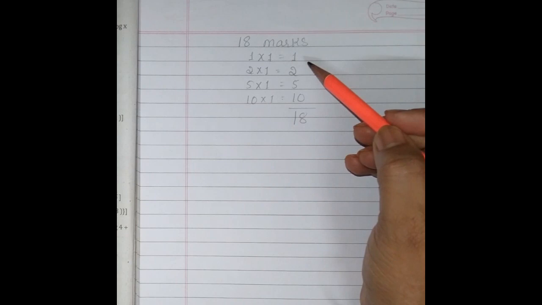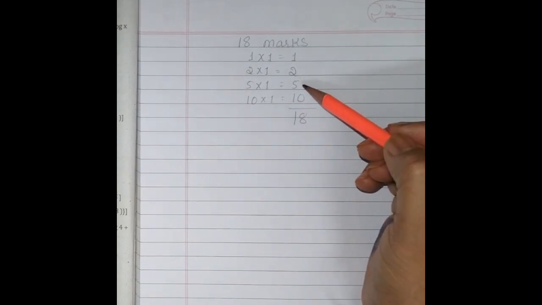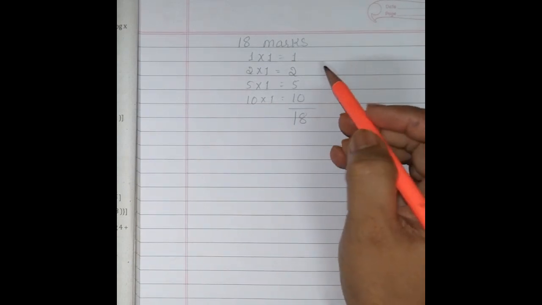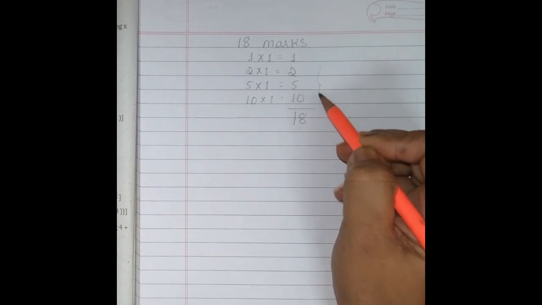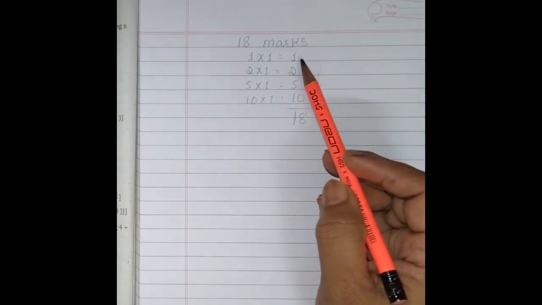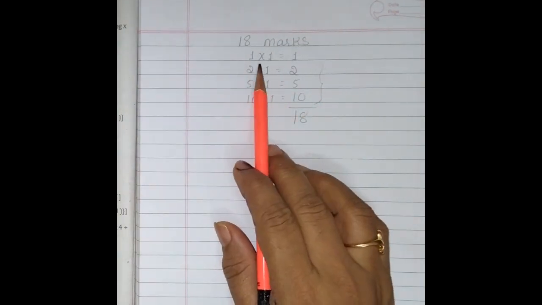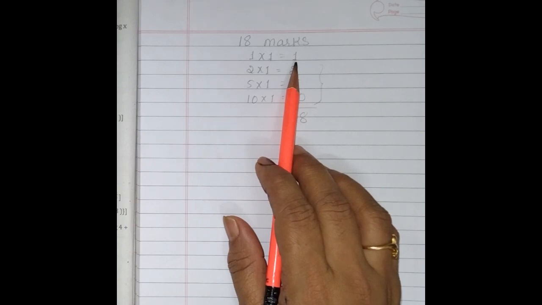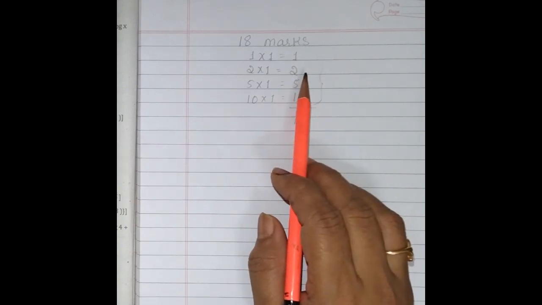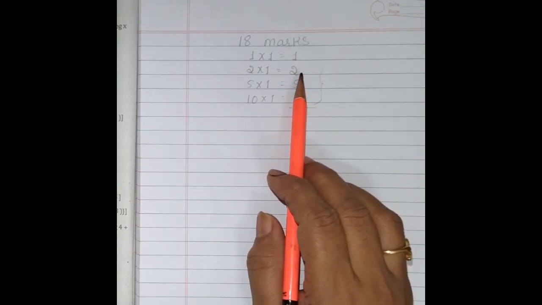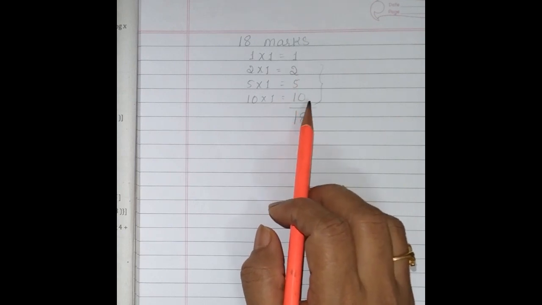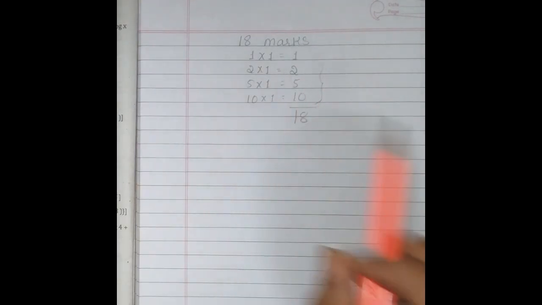The 1 mark, 2 marks, 5 marks and 10 marks questions are usually the practical part. For the theory question, I discussed in the previous video what they ask and what is important for a 1 mark question. Here I am solving the 2 marks, 5 marks and 10 marks exercise sums.